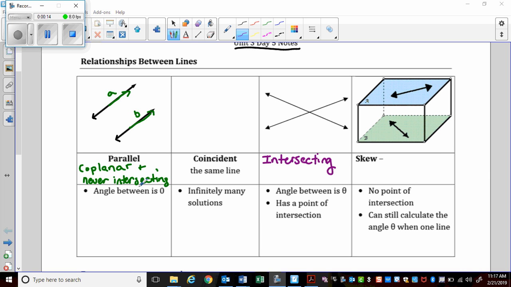Remember parallel lines? They have to be on the same plane, but they never intersect. They have the same slope. The angle between these lines is going to be 0.